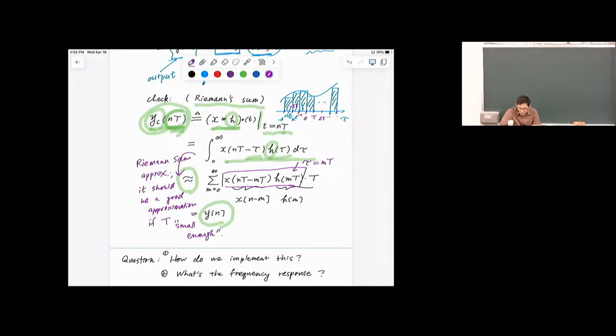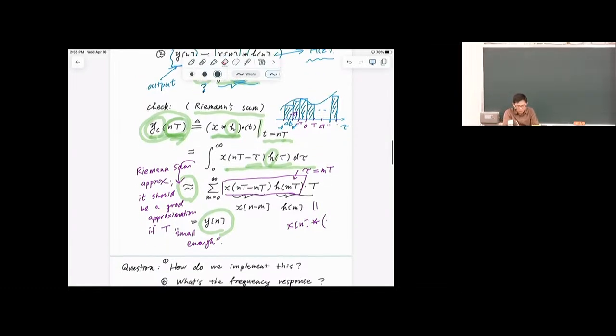This actually equals x of n convolved with something. With what? T times. Yeah, this is equivalent in the discrete time. Now we are convolving x with something. Did you notice? We are convolving x with what?